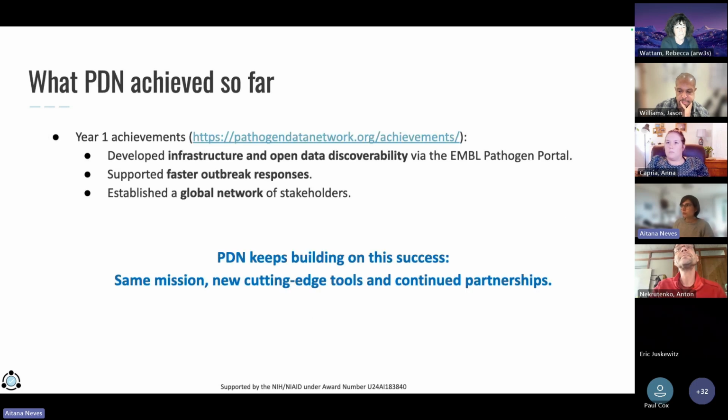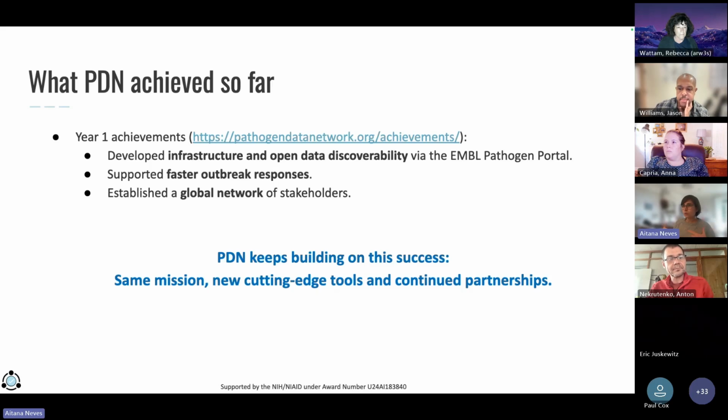So what we achieved so far, you can see on our website, we have an achievements page for this first year, but we notably developed further the infrastructure. So notably the EMBL hosted pathogens portal, with also a page dedicated in particular to finding wastewater data to support faster outbreak response around that data type that is used a lot in many countries now to support monitoring of pathogens.